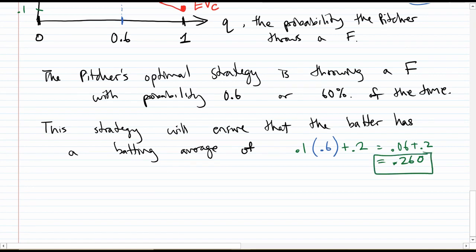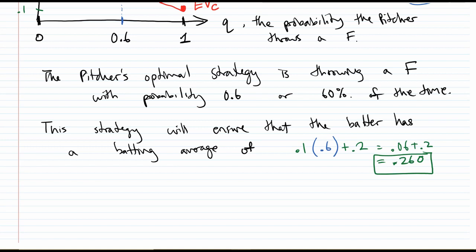Well, that shouldn't be a surprise, because that was the best the batter could do themselves with their optimal strategy. So it turns out that the pitcher's optimal strategy and the batter's optimal strategy is going to yield the same expected value. And so the pitcher can guarantee a batting average of at most 0.260, and the batter can guarantee a batting average of at least 0.260.